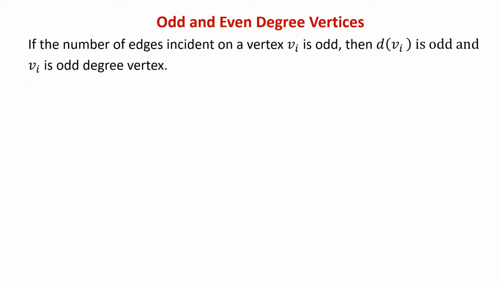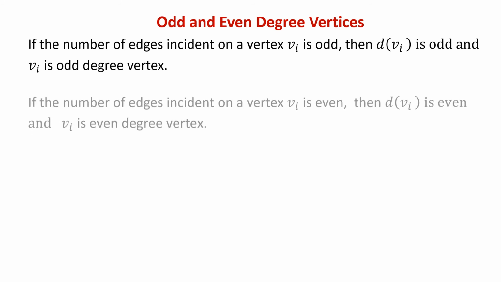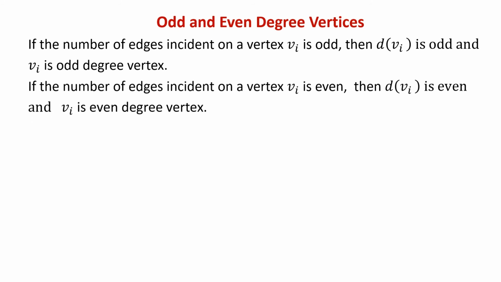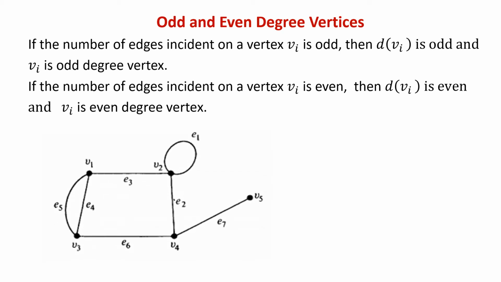Odd and even degree vertices definition. If the number of edges incident on a vertex Vi is odd, then d of Vi is odd and Vi is an odd degree vertex. If the number of edges incident on a vertex Vi is even, then d of Vi is even and Vi is an even degree vertex. Consider the graph with 5 vertices and 7 edges. We know that degree of V1 is 3, degree of V2 is 4, degree of V3 is 3, degree of V4 is 3 and degree of V5 is 1.